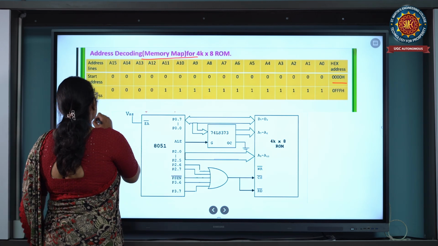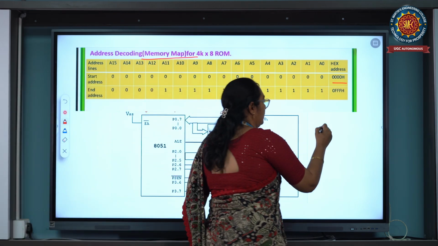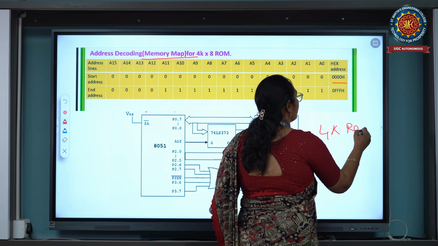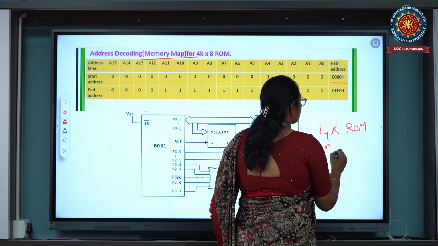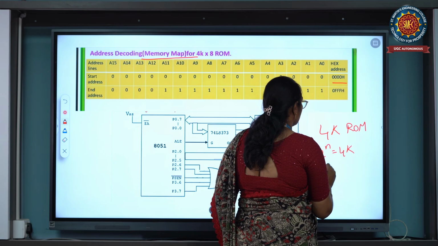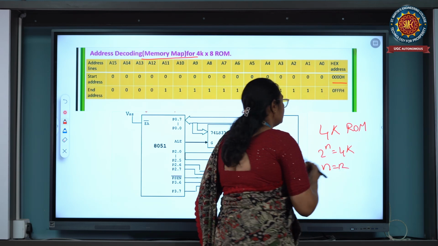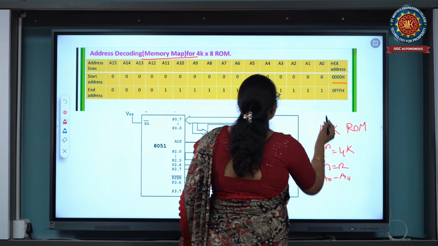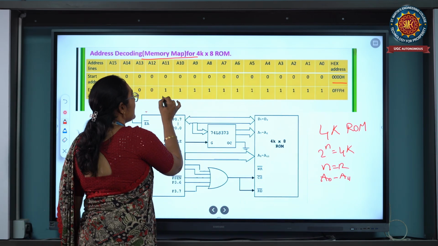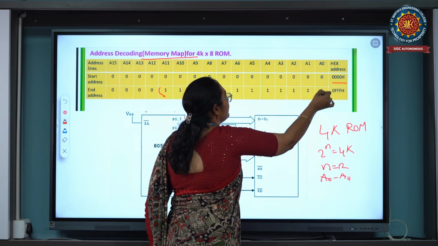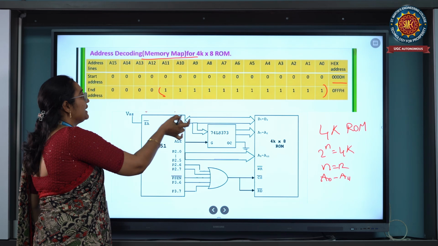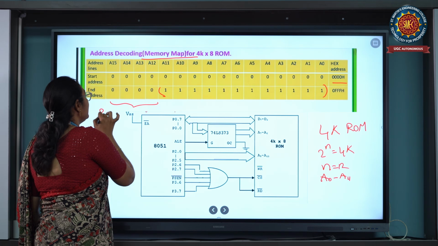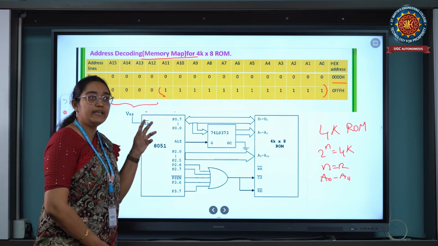Here we have taken 4 kilobytes of ROM, that means 2 power n equals 4K, n equals 12, that is A0 to A11. A0 to A11 are the logic high bits. A12, A13, A14, A15 are logic 0, then only we will interface the external memory.